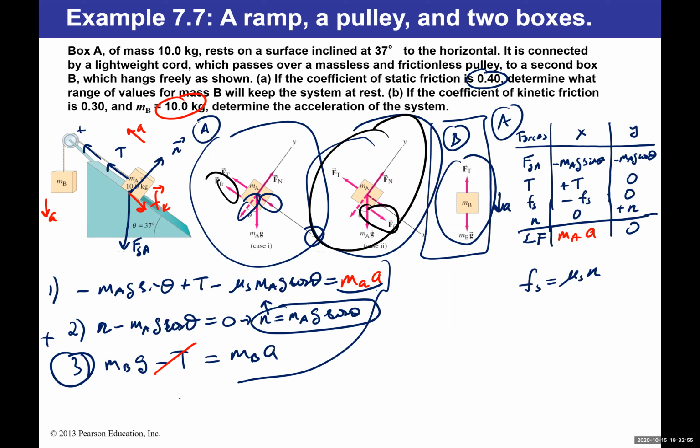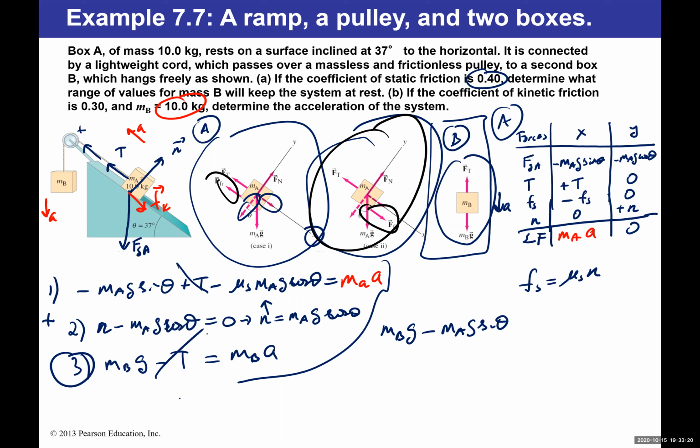Okay. Now, instead of adding them, I need to subtract. Well, actually, no. I can just add them together, because tension is still positive here and negative there. So I'm adding. What I get here is mBg minus mAg sine of theta.